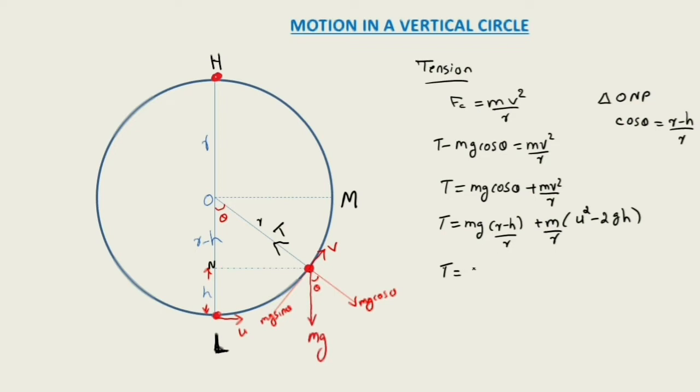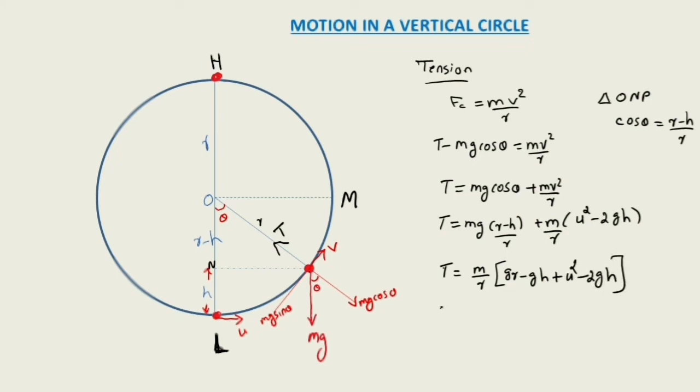See this equation, we can write m by r outside. Now the remaining one is gr, just multiplying here: gr minus gh plus u square minus 2gh.